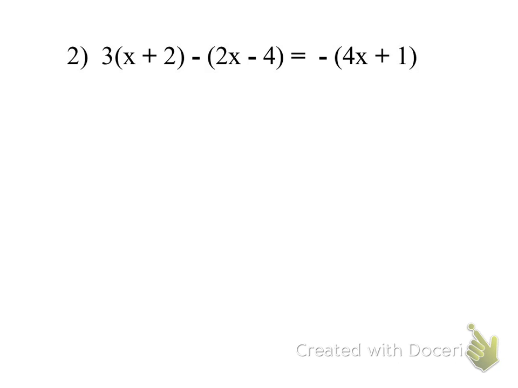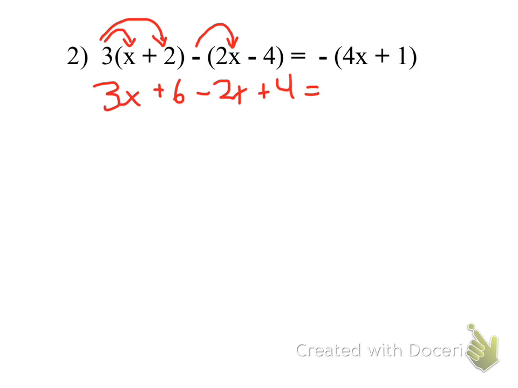And so the next line is going to read? 3x plus 6 minus 2x plus 4 equals negative 4x minus 1. Good. Okay. Next step, please.